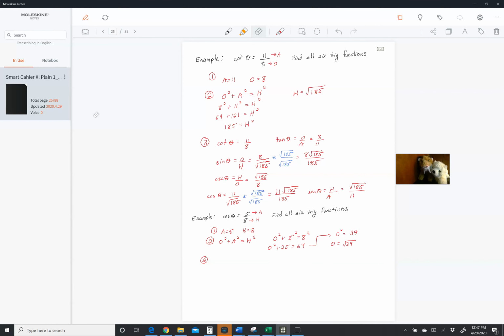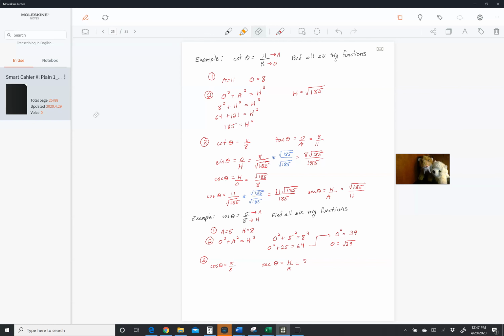Okay, I start with what I know. You could do sine, you could do it in whatever order you want. I just start with cosine because I already know it. Cosine of theta we already know is 5 over 8. Now because of that, we also know the secant of theta, because secant of theta is just h over a, or the reciprocal.